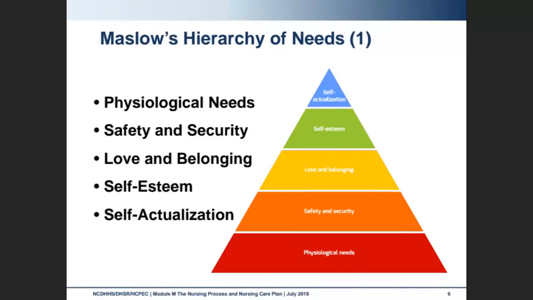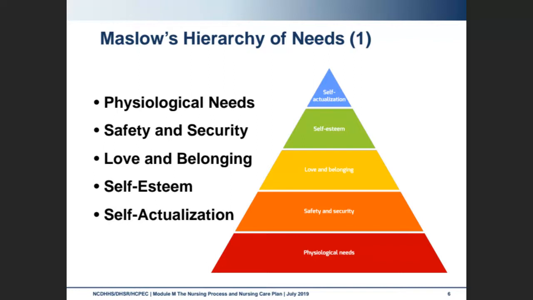So love and belonging, some things that fall into that tier of the pyramid. These are supportive relationships, therapeutic communication, and again, going back to more meaningful relationships. So as healthcare providers, we want to build meaningful and trusting relationships with our residents. And this is for many reasons, but it helps on that level, it helps to give our residents a sense of love and belonging.